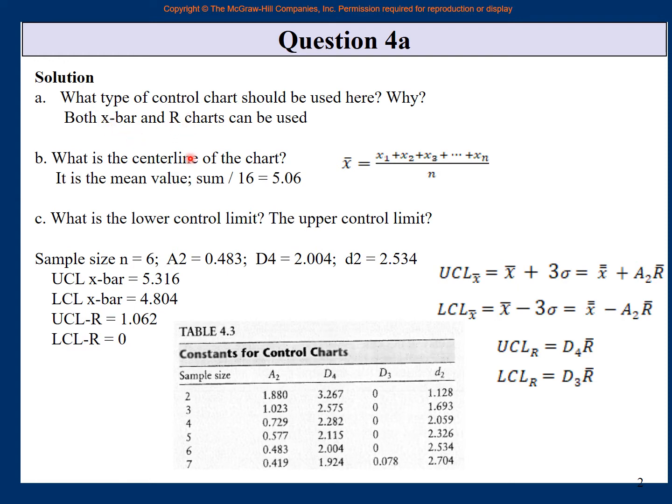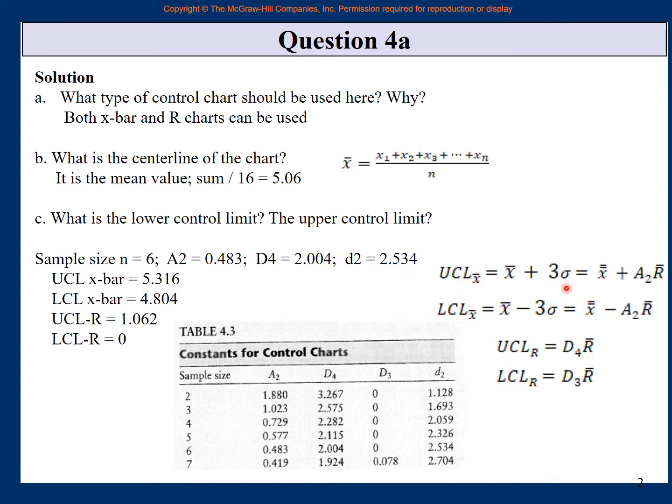So therefore you should find the upper and lower control limit based on X bar and the upper and lower control limit based on R. Now this was the table, right? n is equal to 6, the sample size is 6. So for sample size 6, read the value of A2, D4 and a small d2, right? 0.483, 2.04, 2.53.